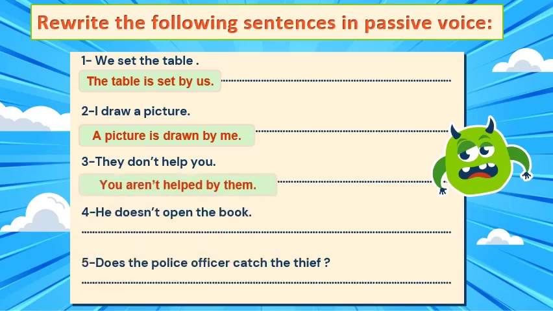You aren't helped by them, because I will change they to them, and the sentence is in the present, so I change don't to aren't, because you here is plural, and I added ed to the verb. Number 4 and 5. Think about it, fast. The book is opened by him, because I chose the book as the object, and I added isn't because the book is singular, and opened by him, changed he to him.